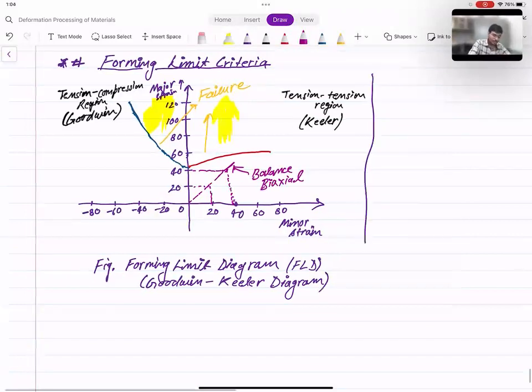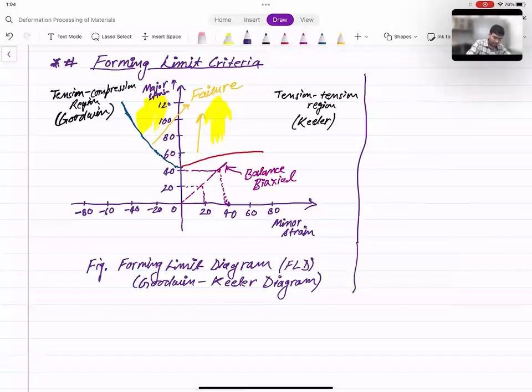How do these appear? Now let me draw that also. So suppose a circle was made like this onto the sheet, and after deformation, it becomes something like this. Okay. So here in this direction will be the minor strain, and this will be the major strain.